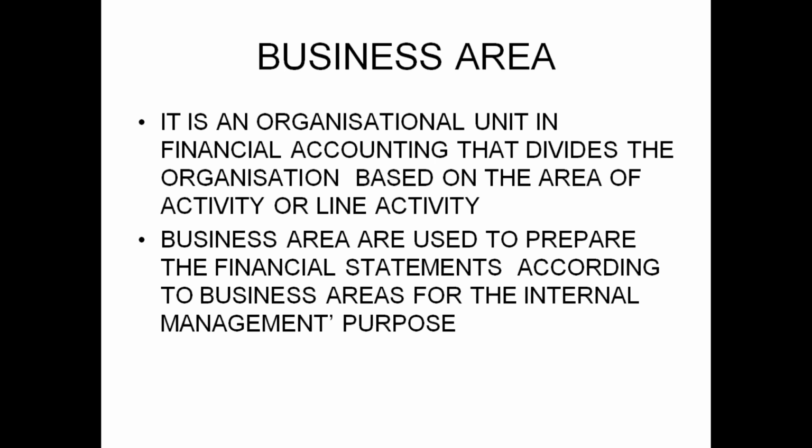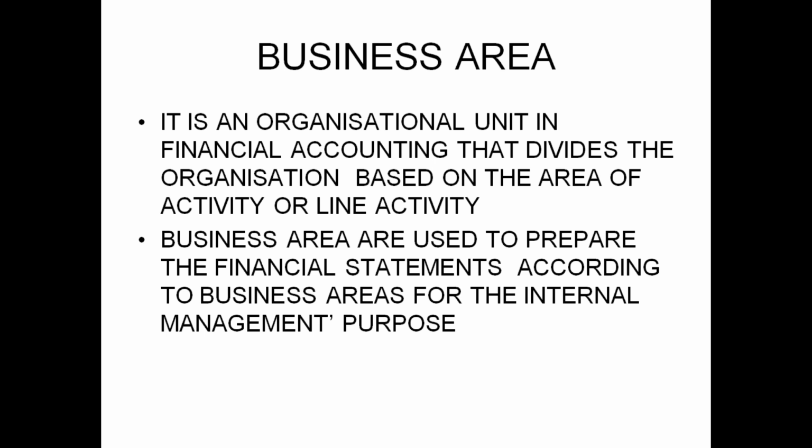or the product line. This business area is once again an organization unit, and it would be above the company code. We use the business area to prepare the financial statement according to the business area for internal management purposes.